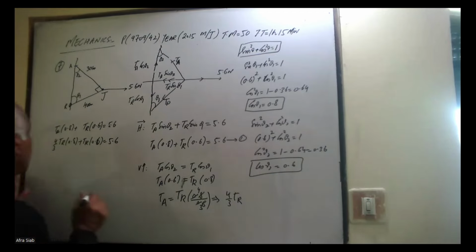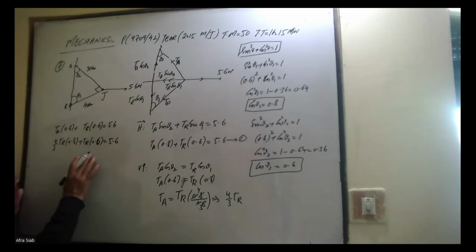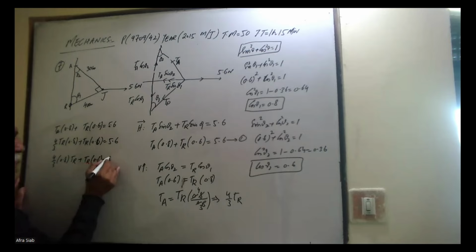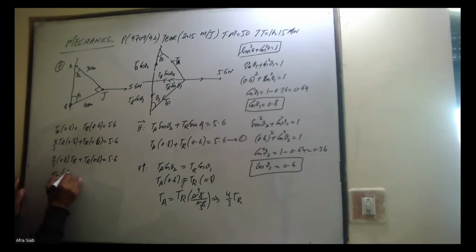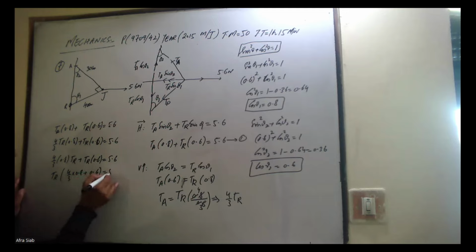sorry, now we can put the values into this. So 4 over 3 into 0.8 TR plus TR into 0.6 is equal to 5.6. If TR is common, it is 4 over 3 into 0.8 plus 0.6, that is equal to 5.6.